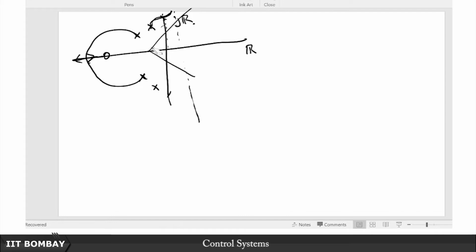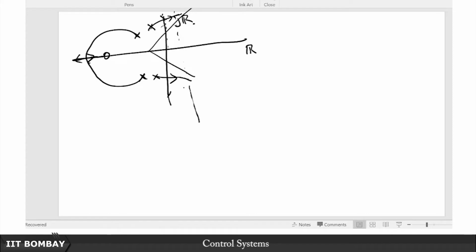The important thing is that for low values of k, these branches will always be on the left half plane, and if you are making k very small, at least the closed loop poles will be on the left half plane.